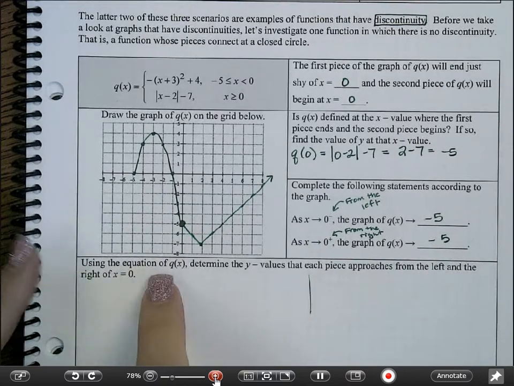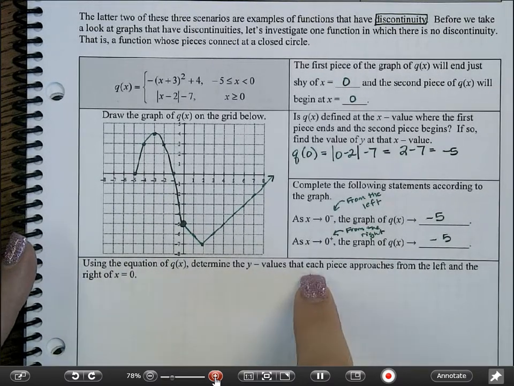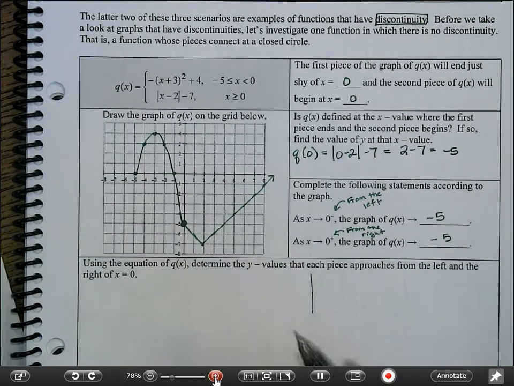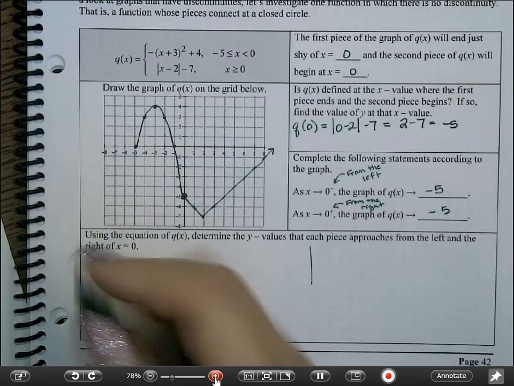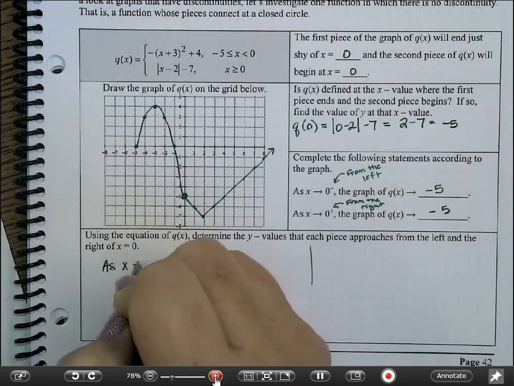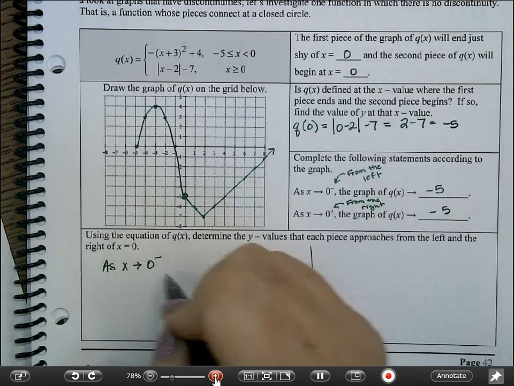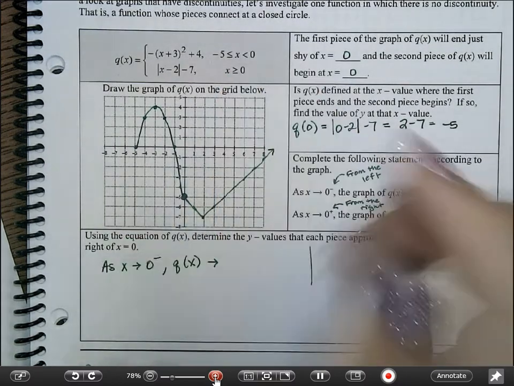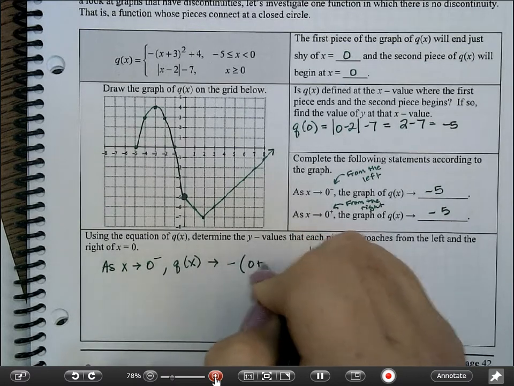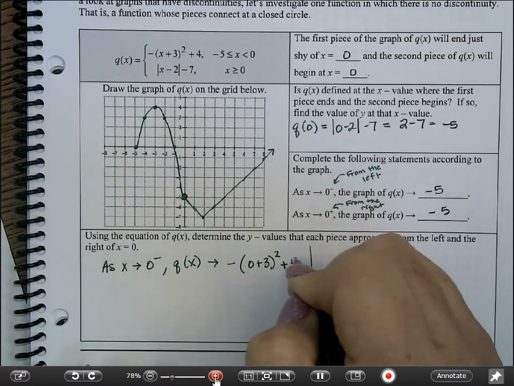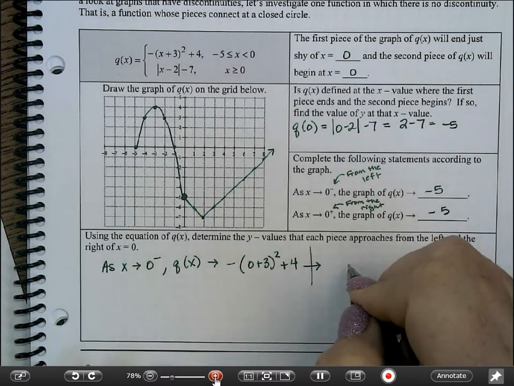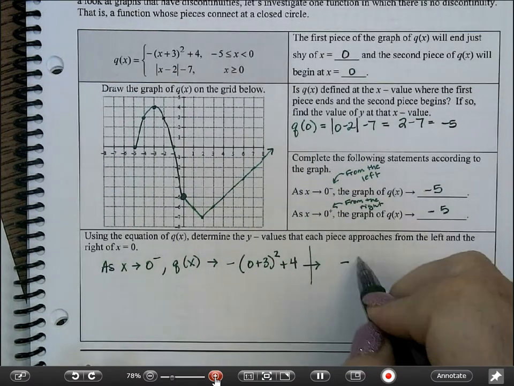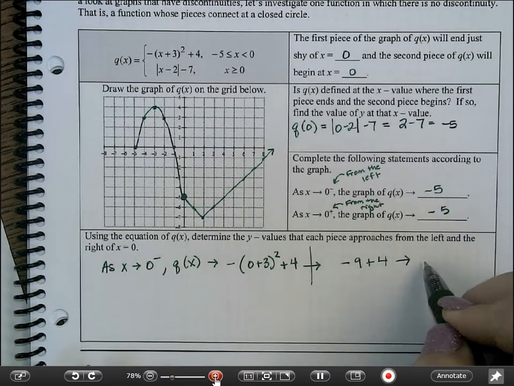So it says, using the equation of q of x, determine the y values that each piece approaches from the left and the right of x equals 0. So here's what we're going to write. As x approaches 0 from the left, q of x, that means I am in this function right here, negative (0 plus 3) squared plus 4 gives me negative 3 squared is 9, negative 9 plus 4 gives me negative 5.